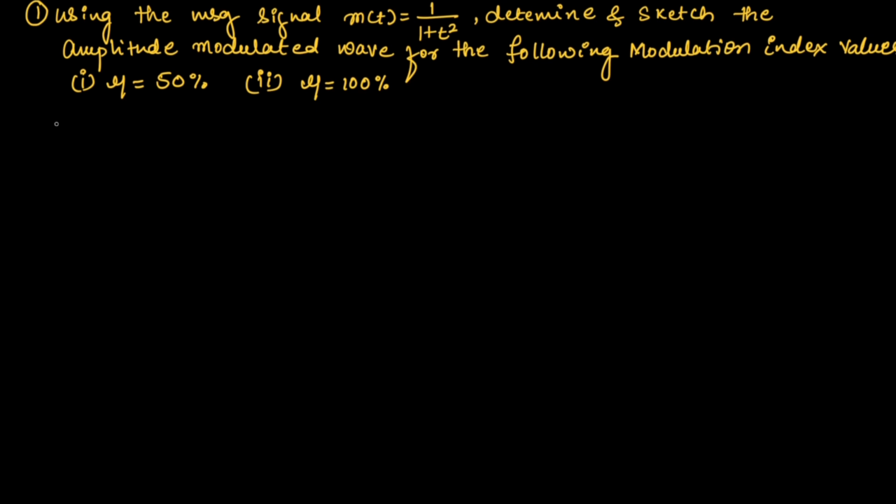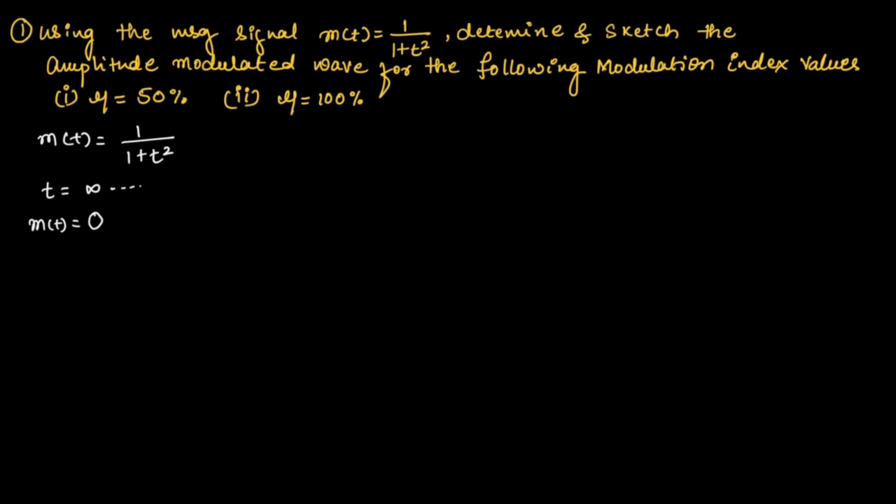Now the message signal which is given is m of t is equal to 1 divided by 1 plus t square. Now let us find the value of m of t by taking different values of t. Let us take t is equal to infinity. For this, let us find m of t. So if we take t is equal to infinity, m of t value will be equal to 0. Likewise, if we take t is equal to minus 3, we will get m of t is equal to 0.1.